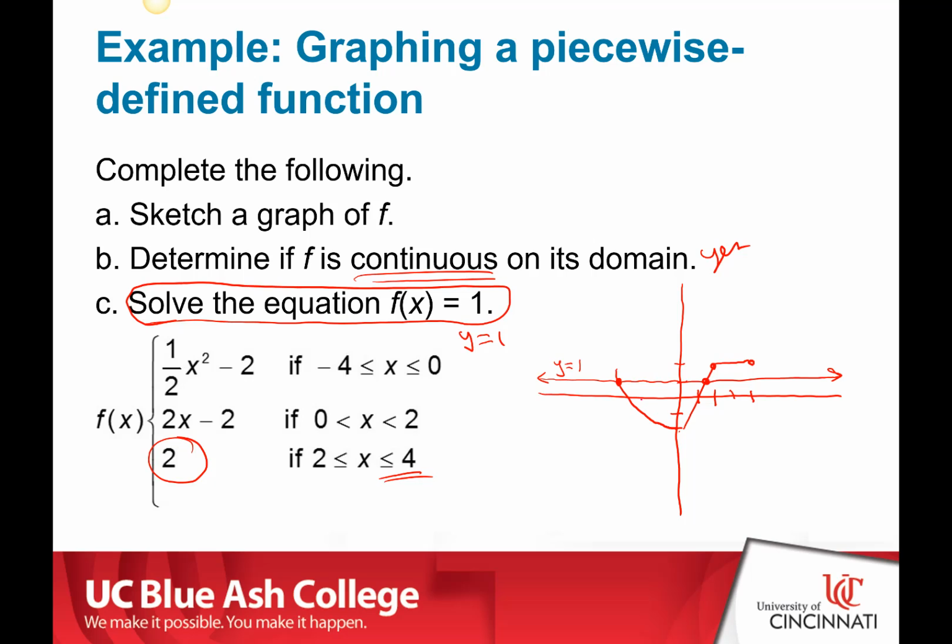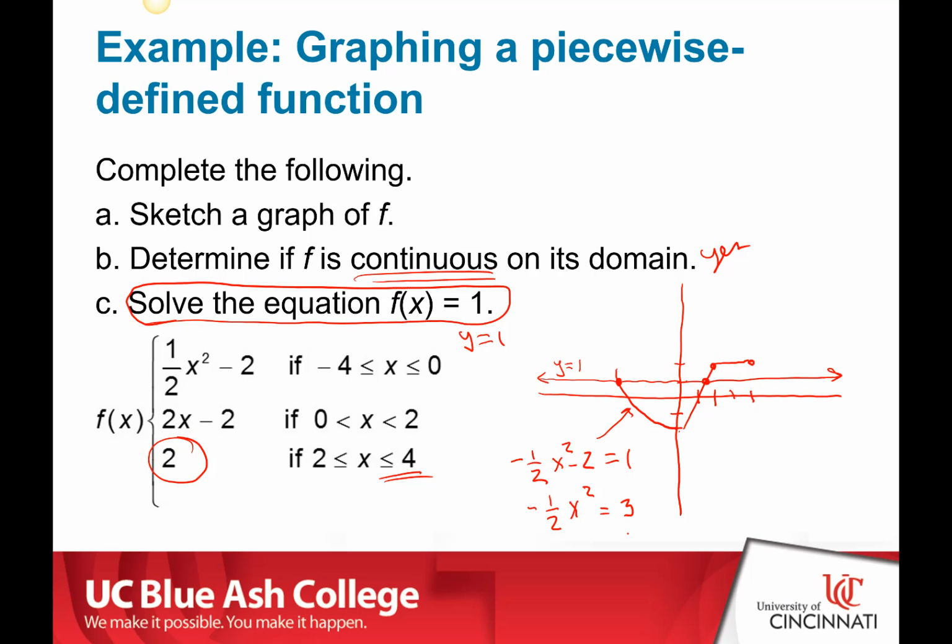y will equal 1 on this first line. Well, this says we have 1/2 x squared minus 2 equals 1. Can you solve that? Yeah, that's just routine algebra, isn't it? So it's going to be 1/2 x squared equals 3. Now what? Multiply by 2?